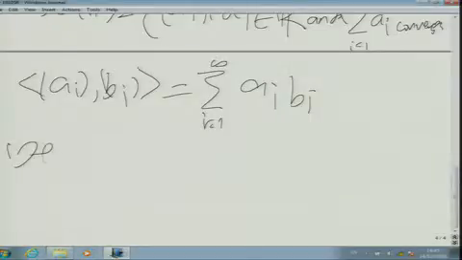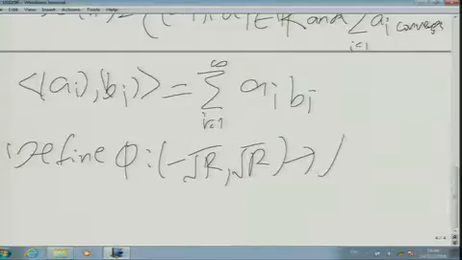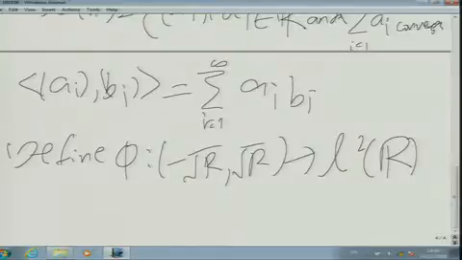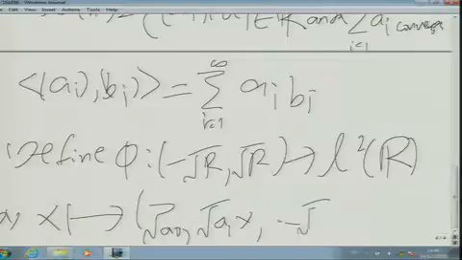And now we define a function phi with range negative root of R and root of R to the L2 space, by sending x to the sequence root of a_0, root of a_1 x, to root of a_k x to the power k and to infinity.